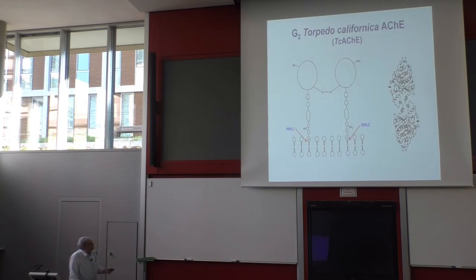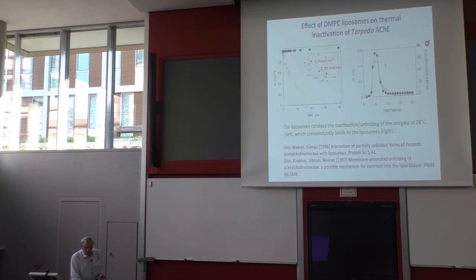And again, for our studies we used the same dimer, hydrolyzed by the phospholipase to become fully soluble. What I show in this slide is the effect of DMPC liposomes on thermal inactivation of torpedo AChE. Torpedo AChE, in the absence of a liposome, is stable at 28 degrees.